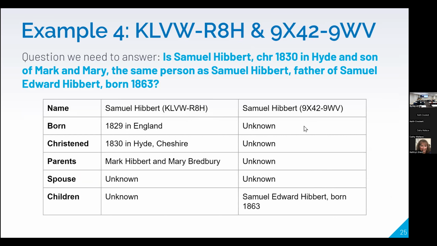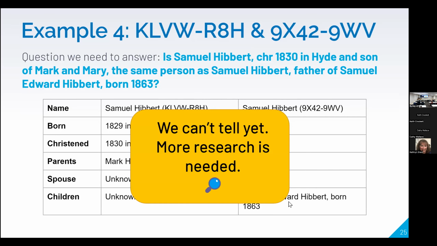This guy, we don't know a whole lot about except he's the dad of Samuel Edward Hibbert. I tried to say Edward and Hibbert at the same time and it came out Ebert. So the question we need to answer is, is this guy, christened in 1830 in Hyde, the same guy as this guy who is the dad of Samuel Edward Hibbert? Right now, looking at that information, we do not have enough information to tell.